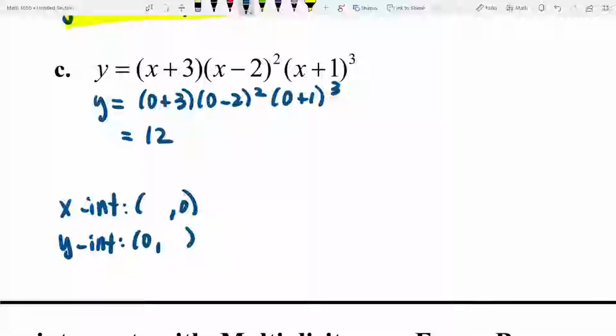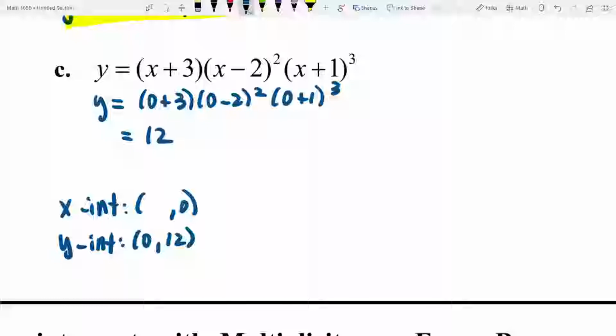Okay? You could also do this. 0 plus 3 is a 3. 0 minus 2 is a negative 2. Negative 2 squared is a 4. 0 plus 1 is a 1. 1 to the third is 1. 3 times 4 times 1 equals 12. You don't have to do that. You can literally just put it in your calculator if you want to. So the answer is (0, 12).